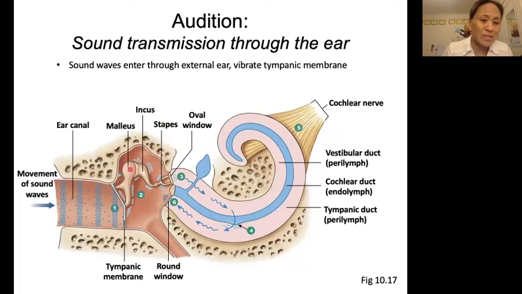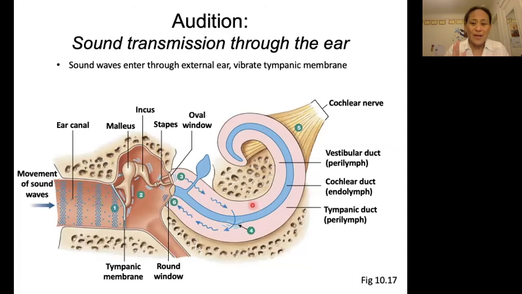They're the smallest bones in your body. The vibrations of the tympanic membrane are carried through the middle ear by these three bones. And as they carry that signal through, they amplify the vibration, okay? Then that vibrates the oval window. The stapes here is connected to the oval window. When the oval window vibrates, that vibrates this fluid here in the cochlea, okay?